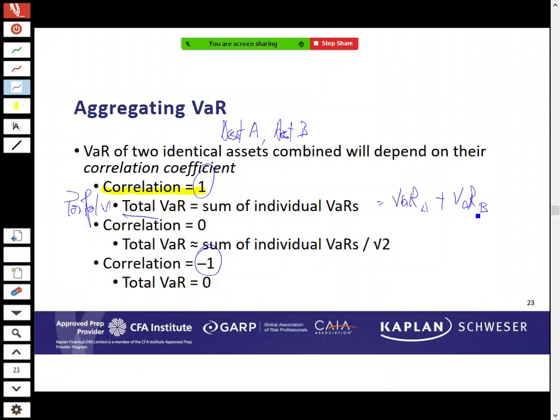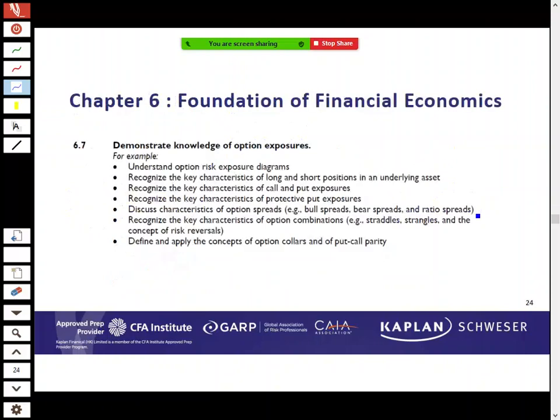That is the conclusion. But as long as the correlation is less than 1, there will be diversification. Then we have to understand how this VAR will become less at the portfolio level. So it is another thing that we have to pay attention to on this topic.